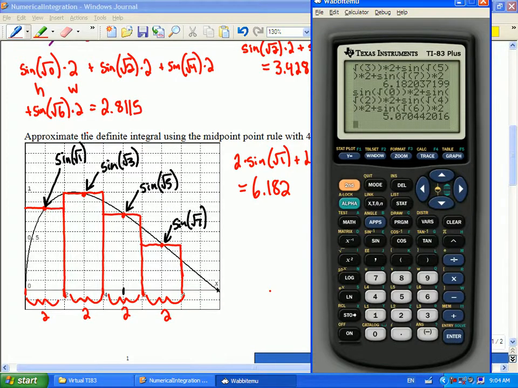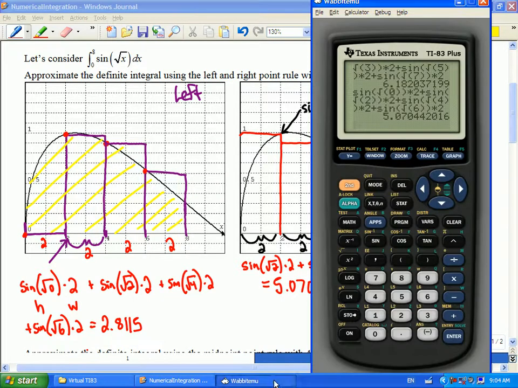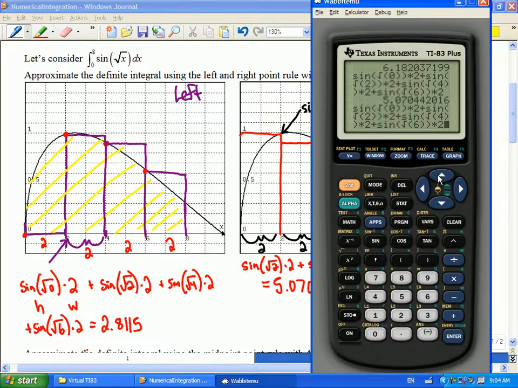Yeah, so 5.07 should have been our approximation up here. Make a couple of short changes. 5.07. And that one should have been an 8.